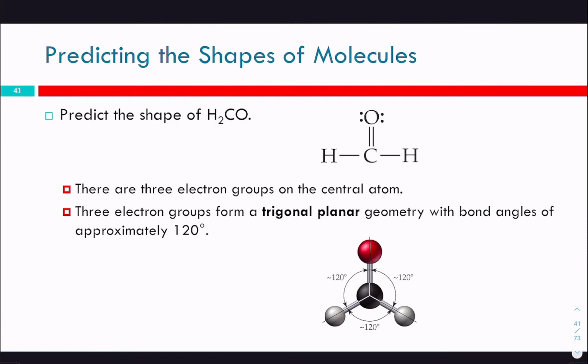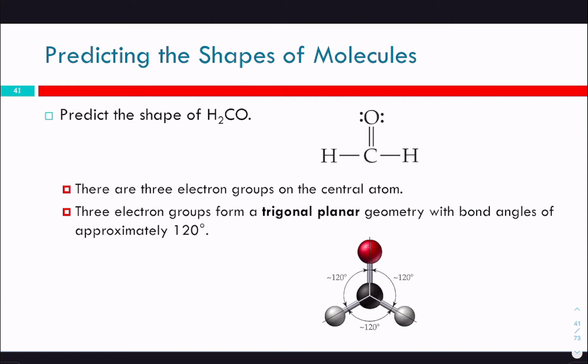This molecule is formaldehyde, and it has 3 electron groups around the central atom. I don't have one that can just do 3 electron groups. In this case, though, you can imagine taking this, and then if you added another group on top here, then these 2 would have to spread out a little bit. So you'd kind of divide it equally into thirds.